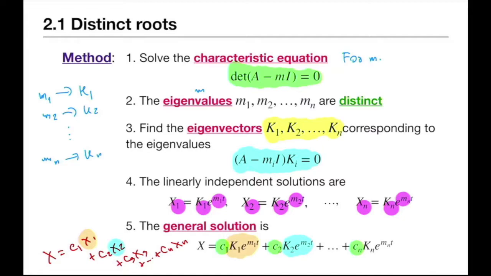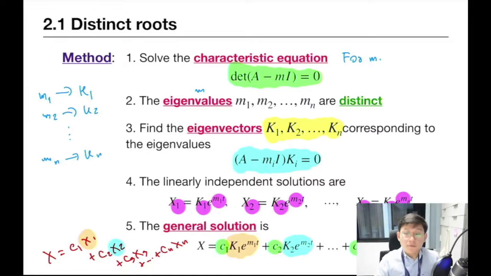Okay, so let me sum it up. First, we look at the characteristic equation, the most important equation in this chapter. Second, we look at the eigenvalues, m1, m2, m3 until mn, and they need to be all distinct. This is the first case, when they are all different. And then we find the corresponding k1, k2 until kn by using this equation. Okay, how? We'll see.